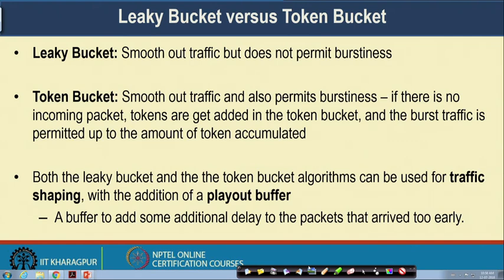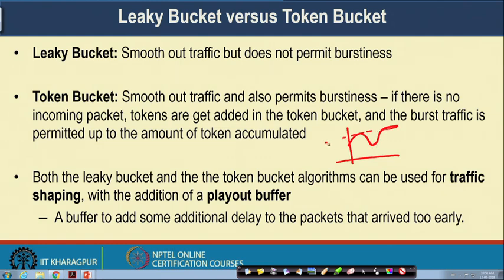Now, as mentioned, both the leaky bucket and the token bucket algorithms can be used for traffic shaping. With the leaky bucket and token bucket, sometimes your rate can go low.